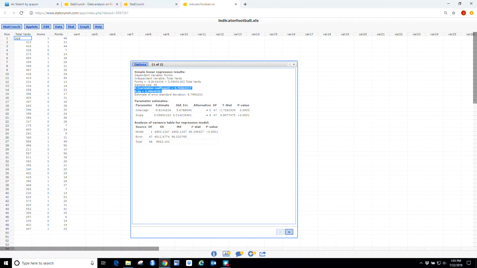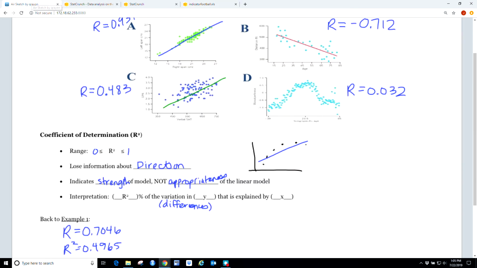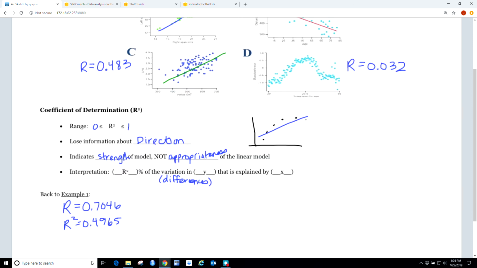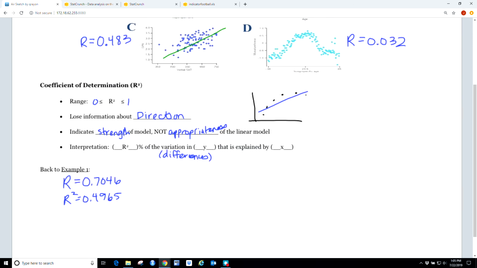These two numbers are just what our r and r squared are. I'm not going to have to worry about doing the math for them. They are just there for me. All right, so I've just written those numbers down here for me.